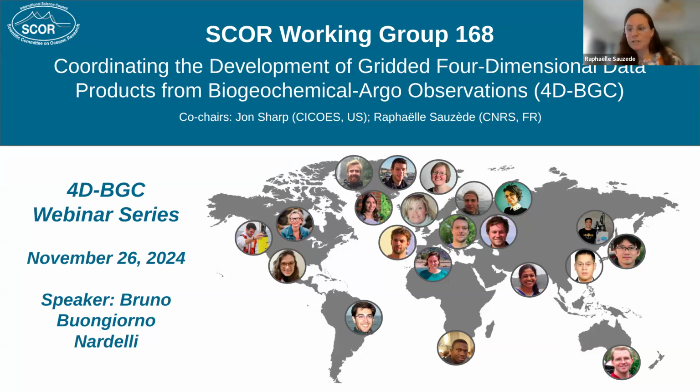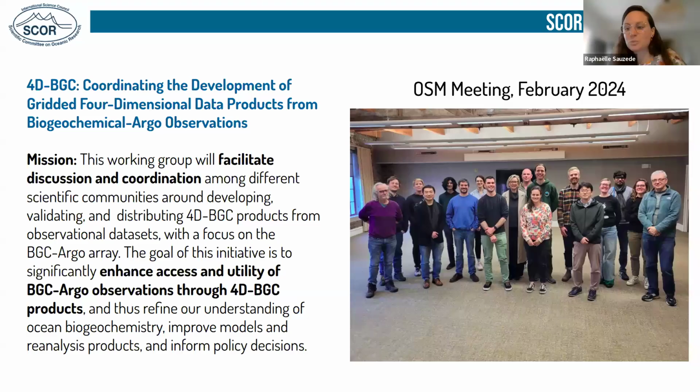So I will just start with a few slides to present the group and to give some introduction. This group has the mission to facilitate the discussion and coordination among the different scientific communities around the development, the validation, and the distribution of the 4D-BGC products from observational datasets, with a specific focus on the BGC Argo array.